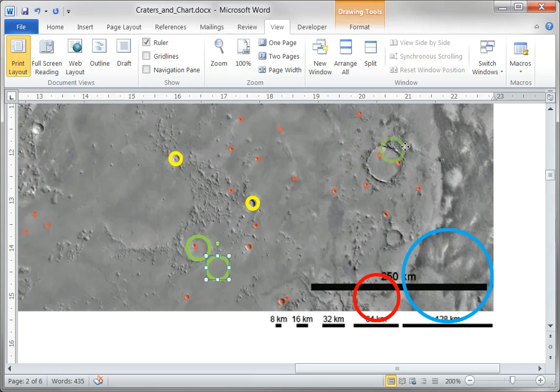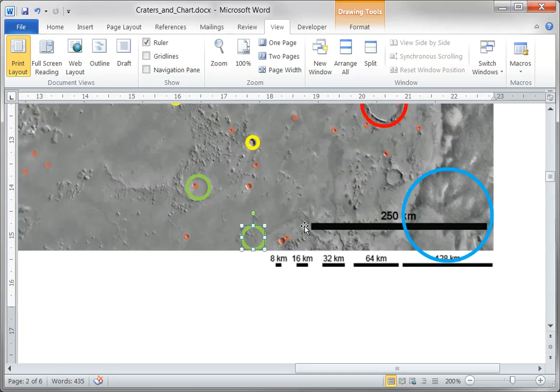On the other hand, if I put it into this crater, it's too small, which means for this I would need the red circle. So what you need to do, don't leave any of these things lying about. What you need to do is click your way through the image, placing all the various circles and then counting them.